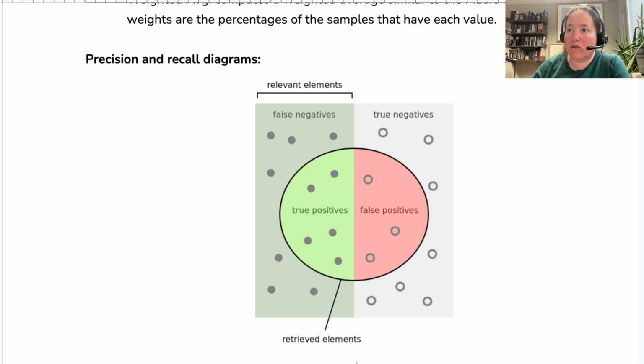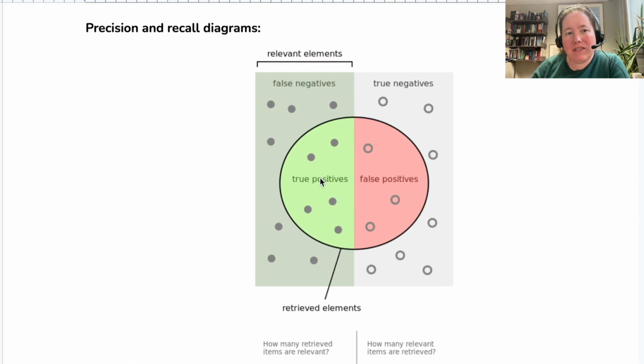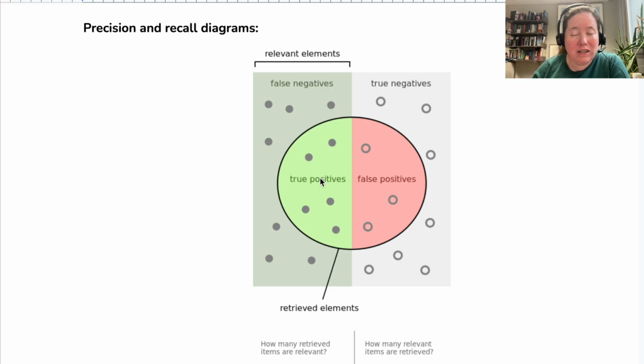I'm going to scroll my screen here so you can see here is a pictorial version of the formula for precision. It's taking the true positives and dividing it by all of the positives. So if you have something that has a high precision, then the true positives will be almost all of the elements that it identifies as positive. It will not have false positives.